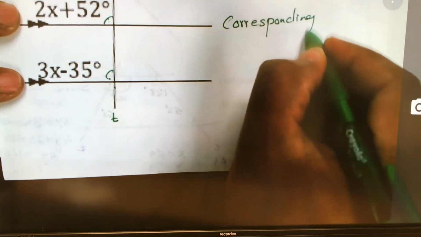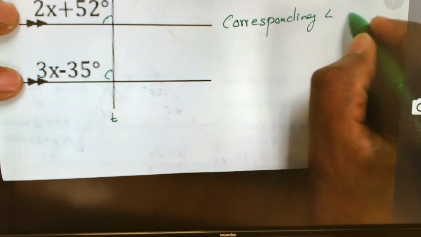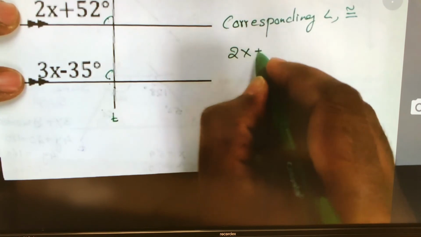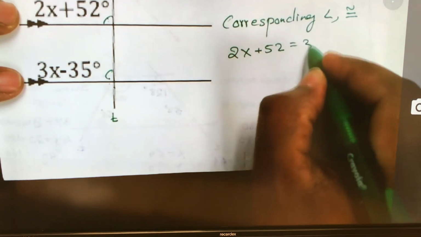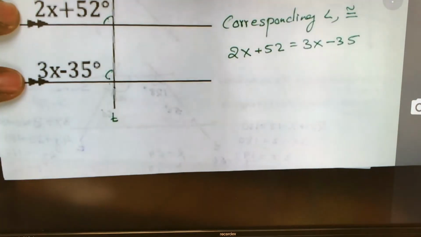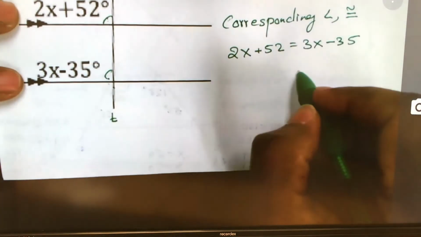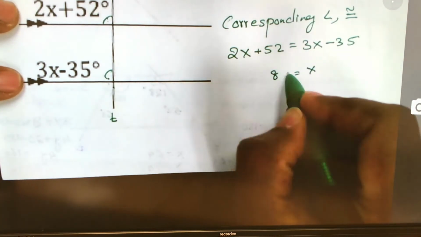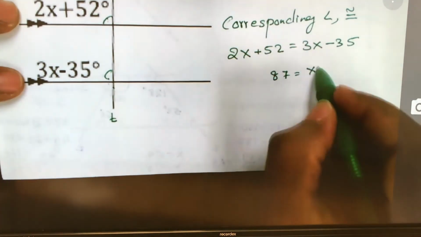Corresponding angles are congruent. So we can set up the equation 2x plus 52 is equal to 3x minus 35. So you have to solve for x. So you get x is equal to 87. So that should be the value for x.